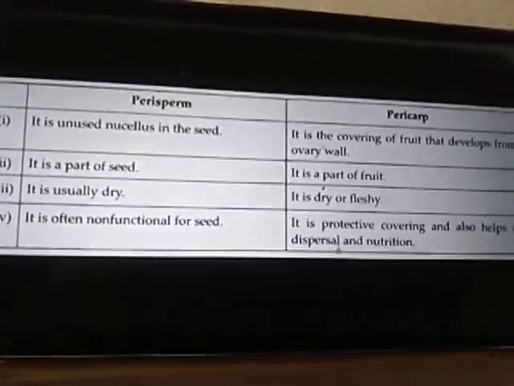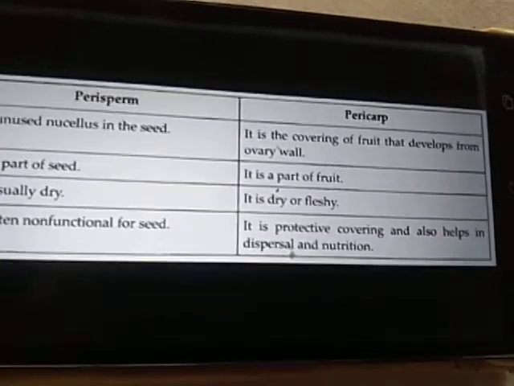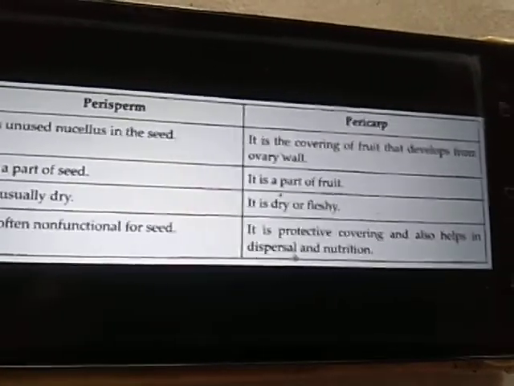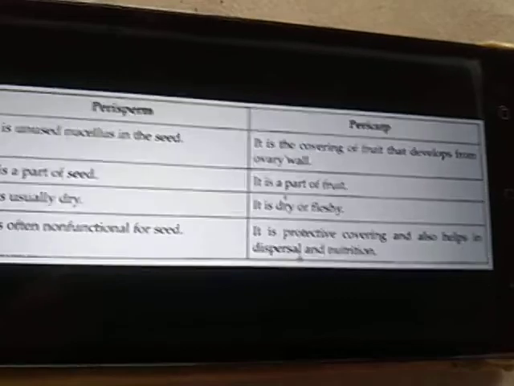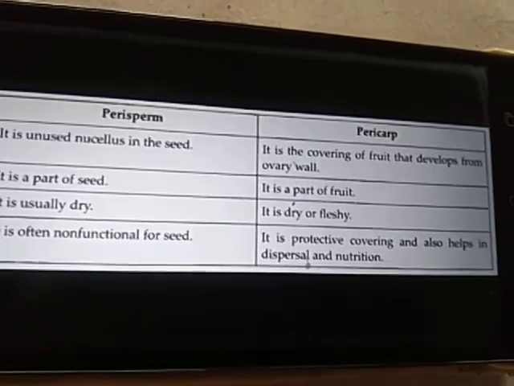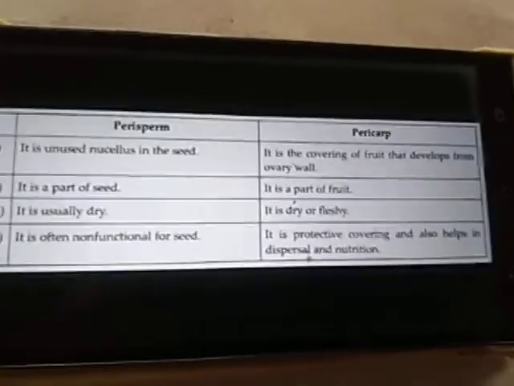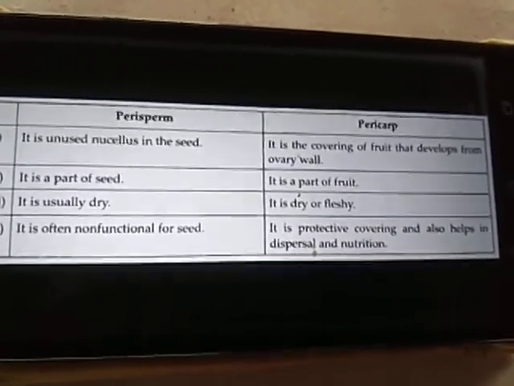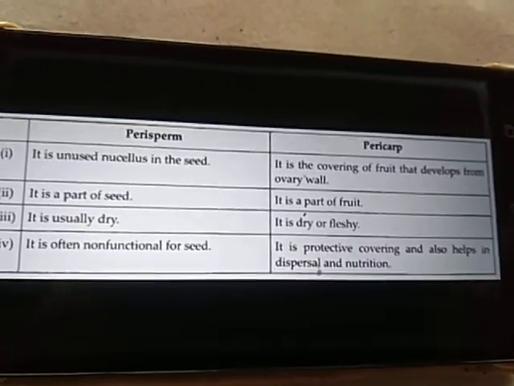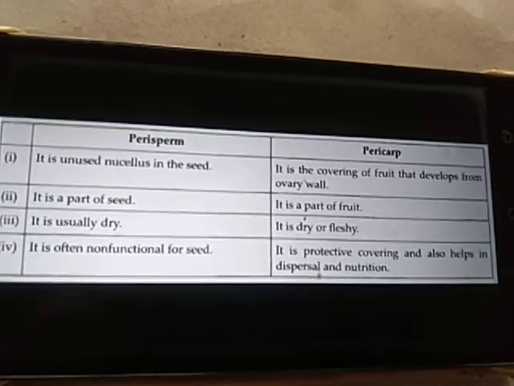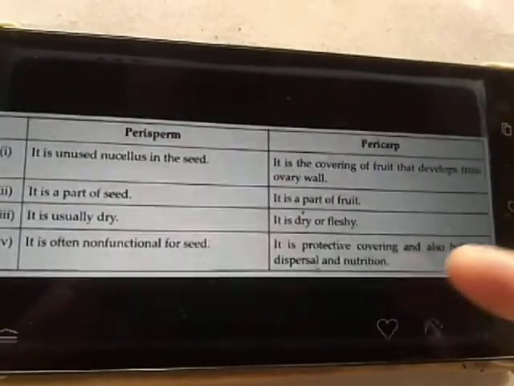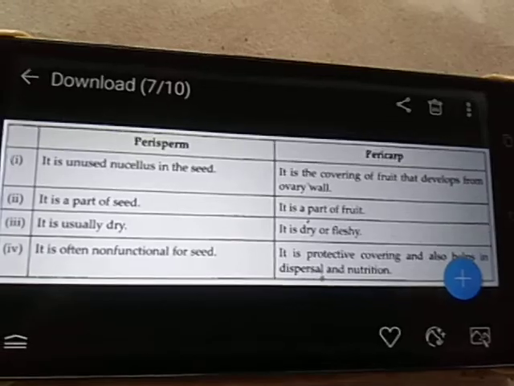Pericarp is a protective covering and also helps in the dispersal and nutrition of the seed. These two similar terms are there, but see the difference: perisperm is the remains of nucellus, and pericarp is the covering of the fruit wall, the ovary wall.